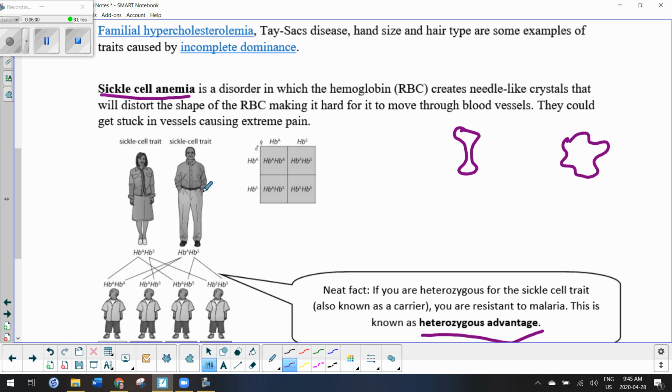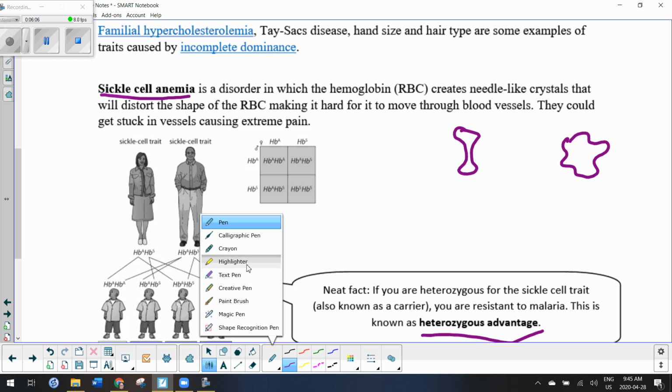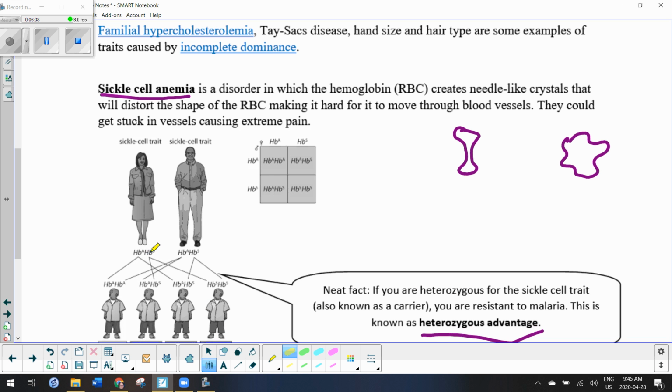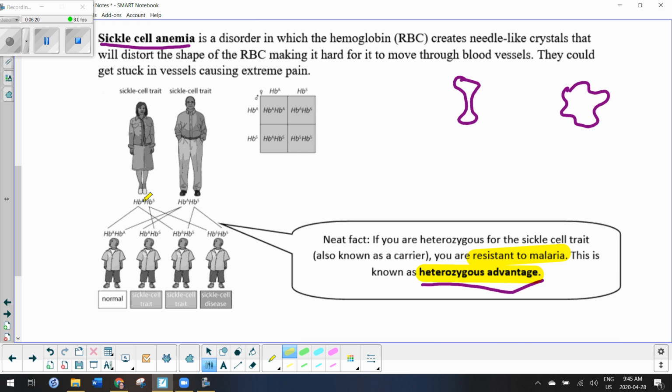The reason they call this an advantage is because patients that are heterozygous for sickle cell are actually resistant to malaria. Okay, so that's a good advantage to have. But the problem is if you are heterozygous and you have children with someone who is also heterozygous, you can pass on the trait to your offspring.